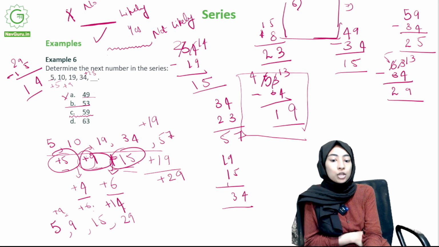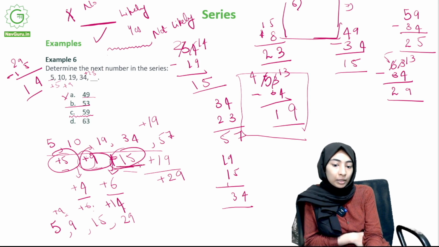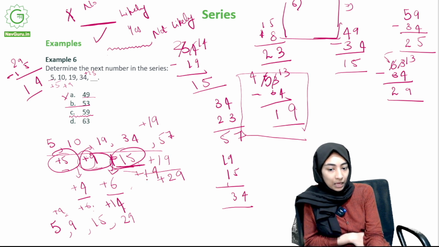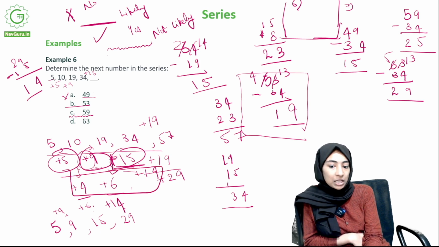You get a 19. To get a 29, we would be adding a very large figure, 15 plus 14. That doesn't really seem like the case, because here everything has been small. So to 5 we added a 4 to get 9.